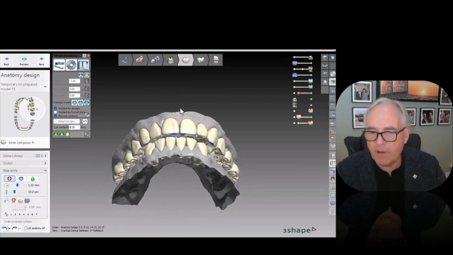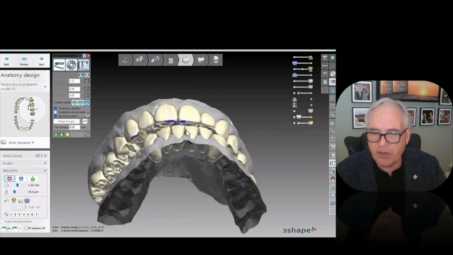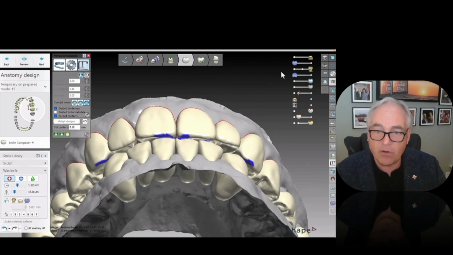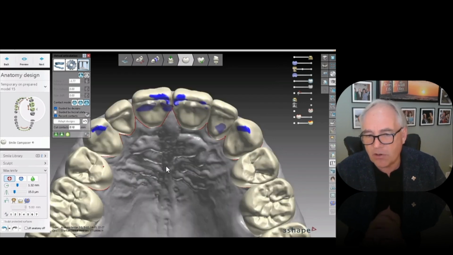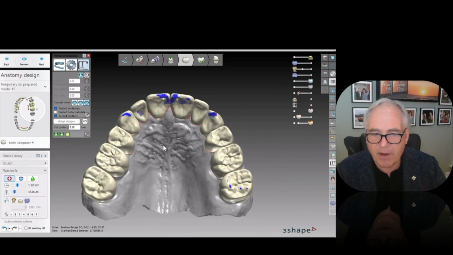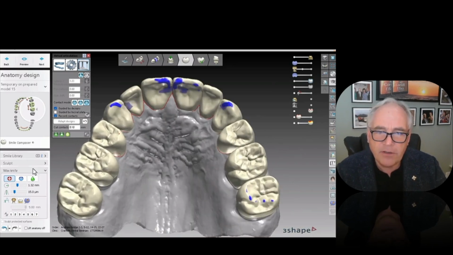So just think about the neutral zone being the thing that's controlling the position of the teeth horizontally, and vertical controlling the position of the teeth vertically. We have freedom to do some work with all of those things.